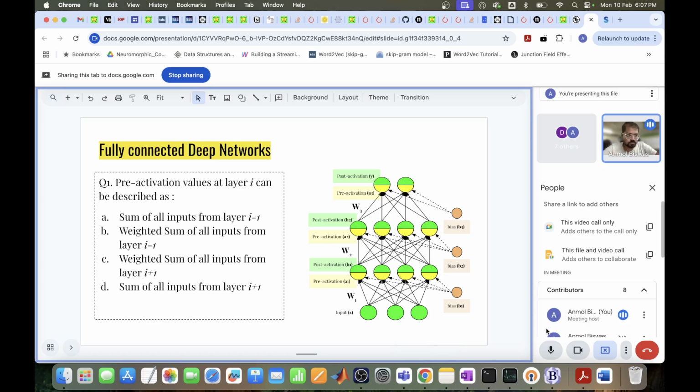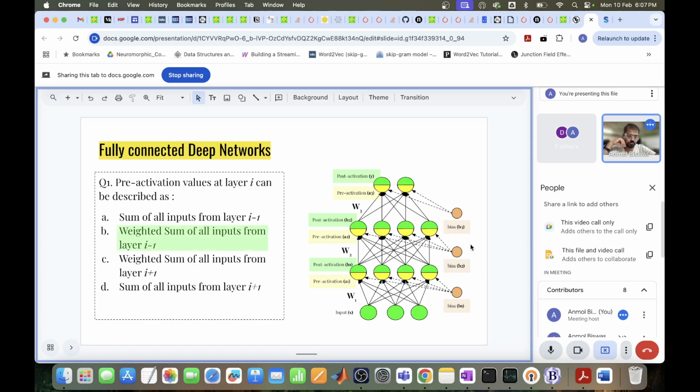Yeah, so as I said, it should be fairly straightforward, right? The pre-activation values are basically the weighted sum of inputs coming from the previous layer. Right? So at layer I, the pre-activation is the weighted sum coming from layer I minus 1, right?